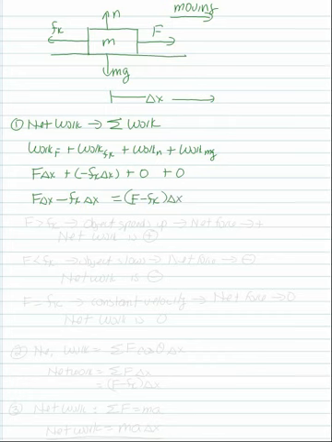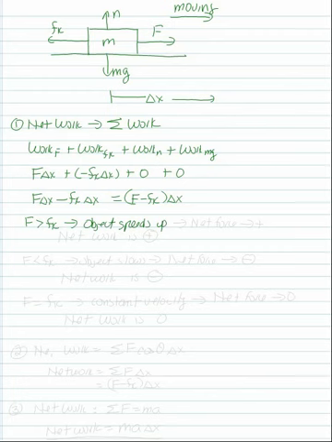So let's look. If F is bigger than Fk, looking at our picture, what does that mean? If F is bigger than Fk, that means the net force is acting to the right, so the object speeds up. Right? So now I know that the object speeds up because I'm analyzing all the forces.